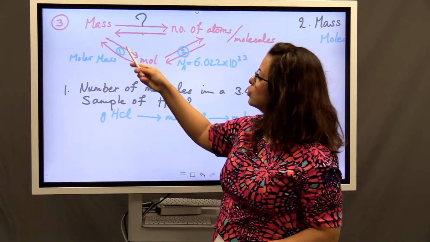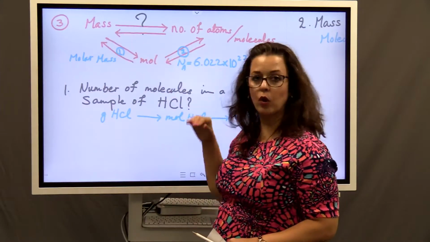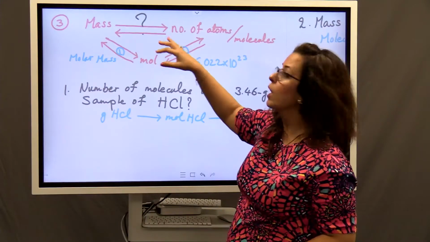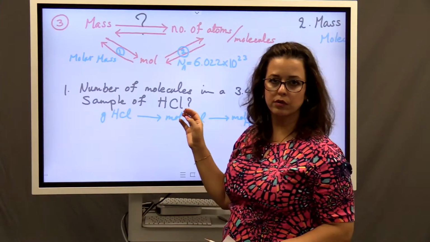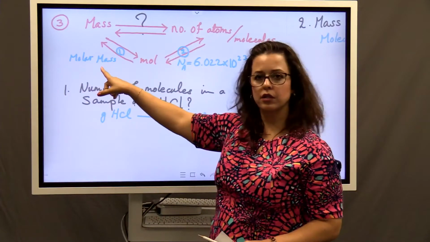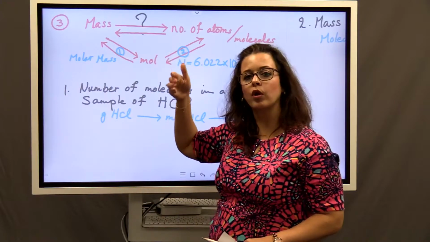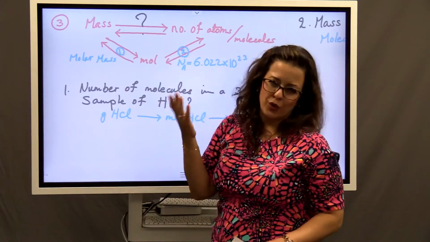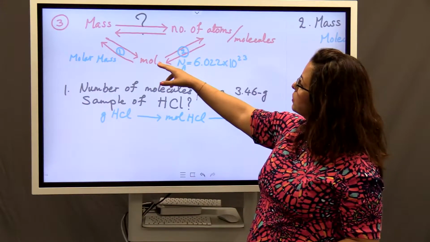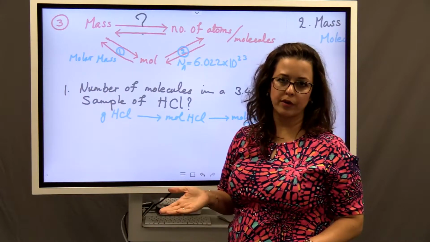This time you need to use type 1 calculations, which is the relation between mass and mole, and type 2 calculations, which is relation between mole and number of atoms and molecules. So what was the relation between mass and mole? You learned molar mass. You would need to use the molar mass of your compound, which you normally should calculate. And between mole and number of atoms and molecules, you will use Avogadro's number.